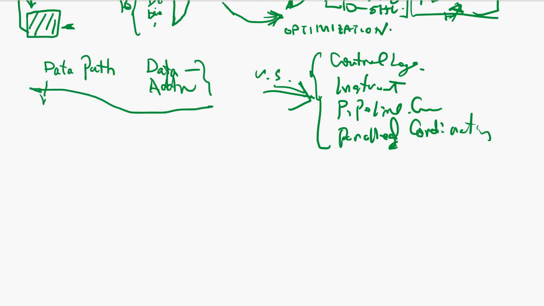So for this it is probably better to use the traditional method. For example, you have a 32-bit multiplexer, and you select the path, right?